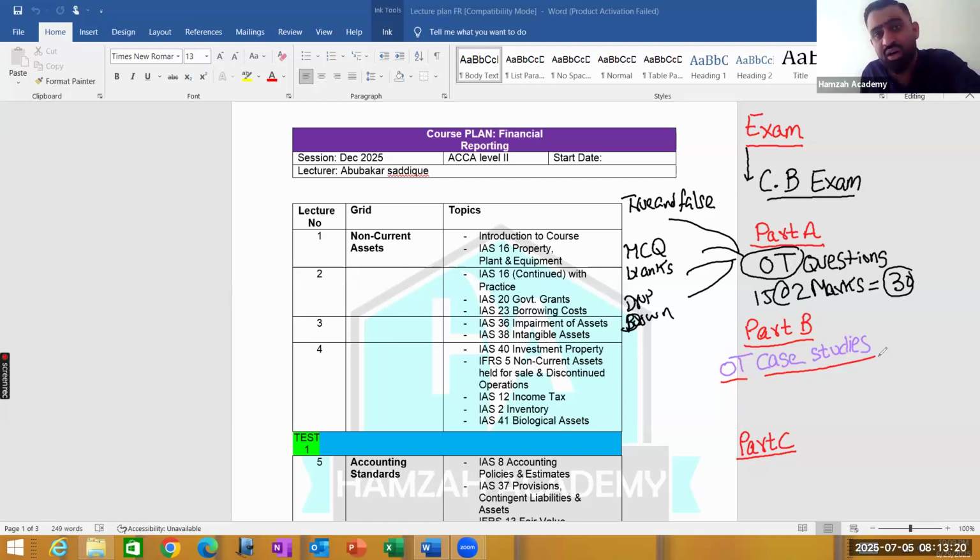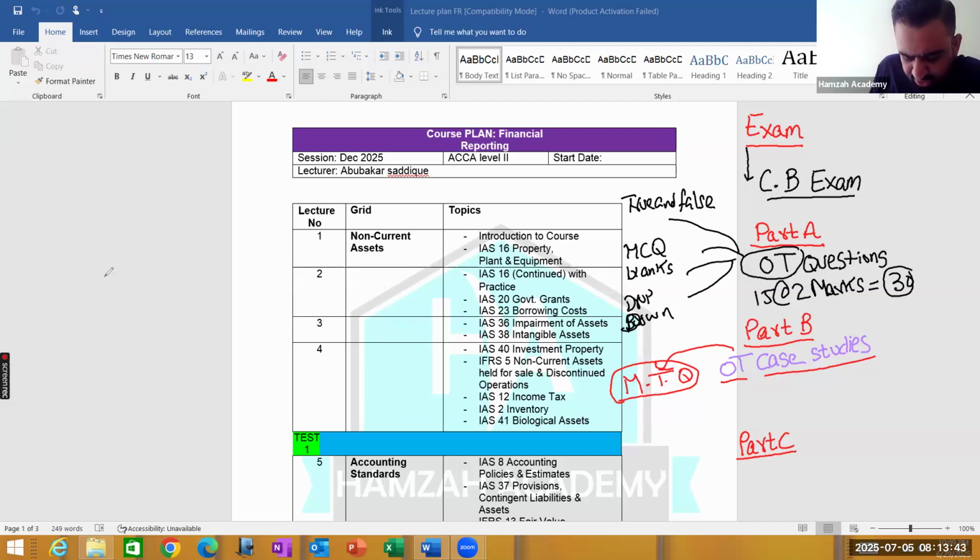If I give you a reference, if you have experience in ACCA knowledge level, you have a concept of MTQs, which is known as multiple task question.